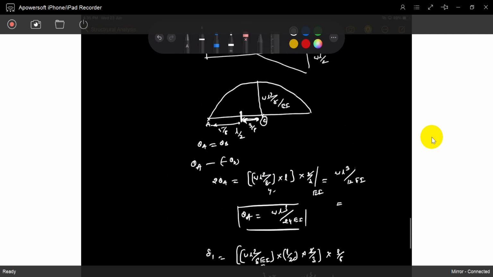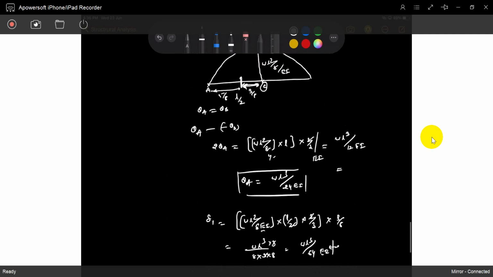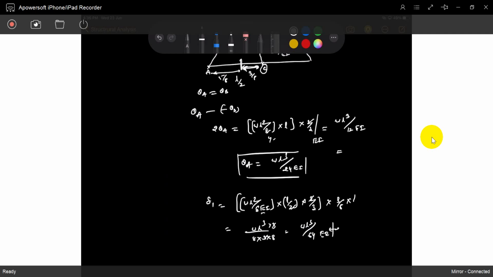That's it. So how can you find out this deflection? 3 by 8 of L by 2, and this is L by 2 also. So WL power 4 by 128EI.